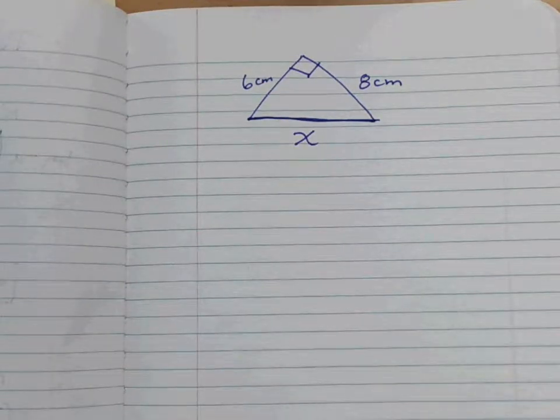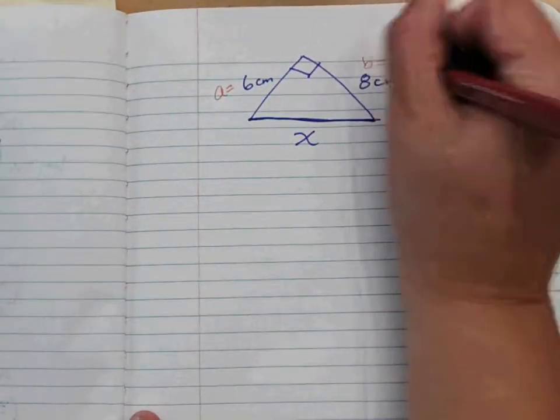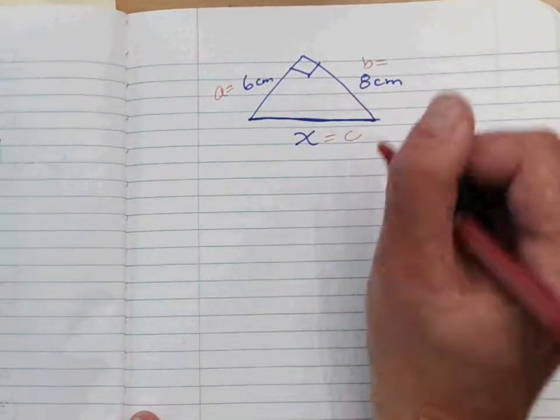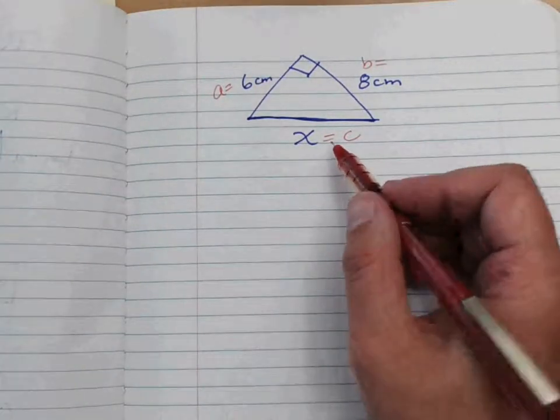Now we have to identify, do we have A, B, or C? So which one of these measurements is A, and which one is B, and which one is C, based on even the orientation of the triangle? 6 would be A, 8 would be B, and X would be C. Why do you know that X has to be C?